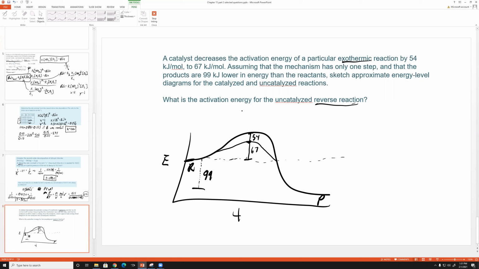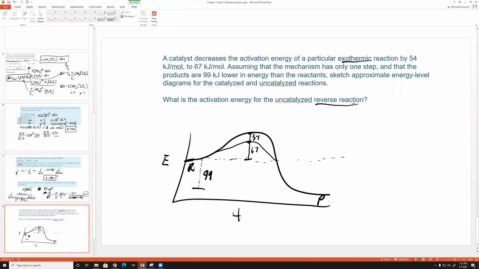So what is the activation energy for the uncatalyzed reverse reaction? For the uncatalyzed forward reaction, meaning starting from the reactants, we're going up the hill, and it's going to be 54 plus 67. For the reverse reaction, since it's going from products to reactants, we have a larger hill to climb.